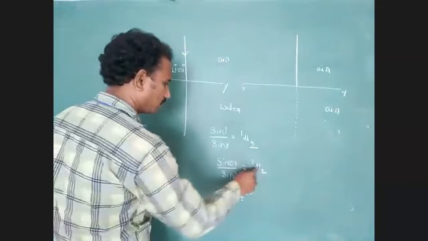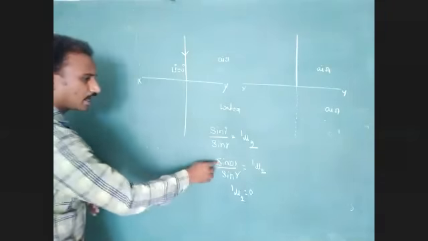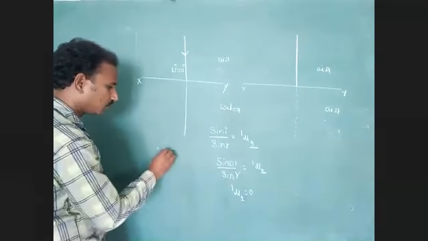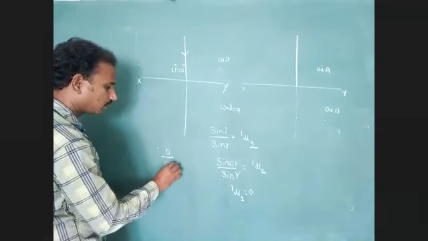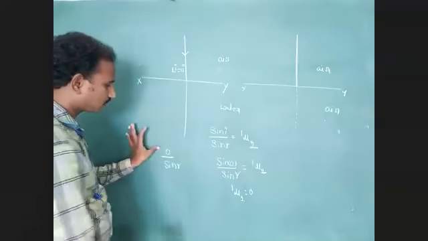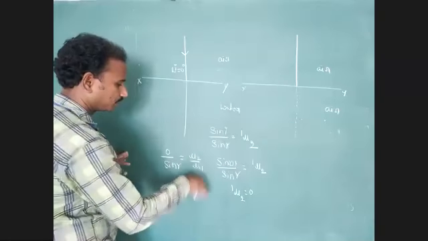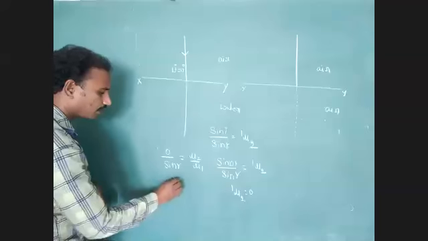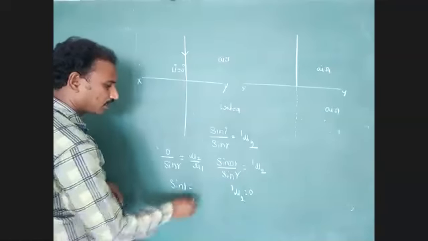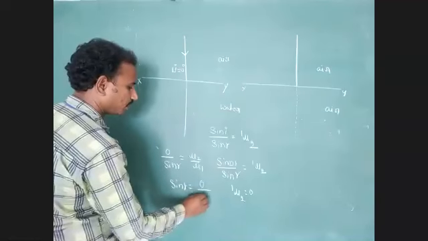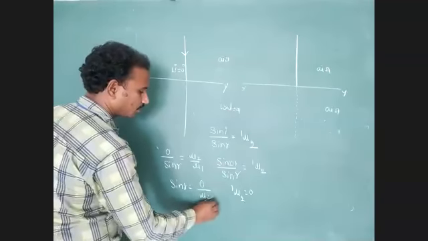So here, what is that condition? Sin I value, sin 0 degree value, 0 divided by sin R, that is equal to mu 2 divided by mu 1. But sin R value equal to how much? Sin R value equal to 0 by mu 2 divided by mu 1.